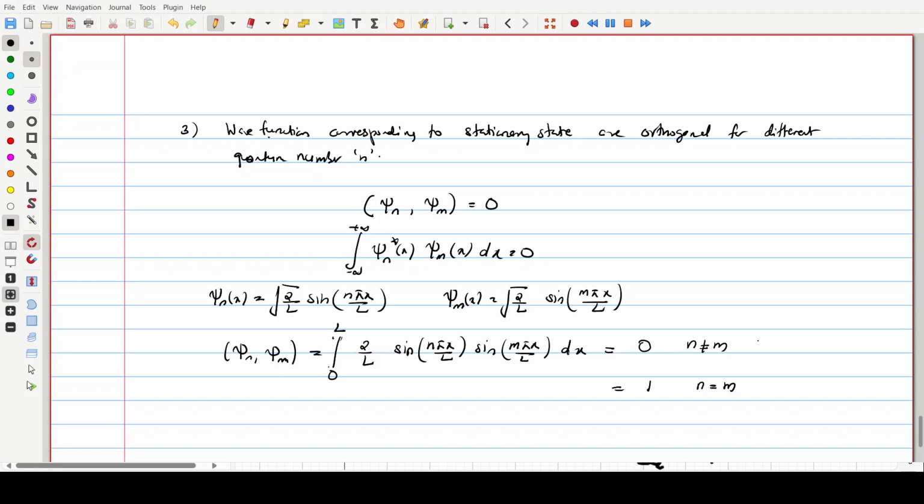Moreover, since we are using the normalized wave functions, the inner product of the wave function with itself should be one. This condition we have already discussed earlier.